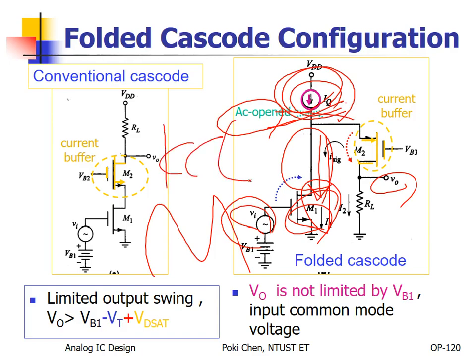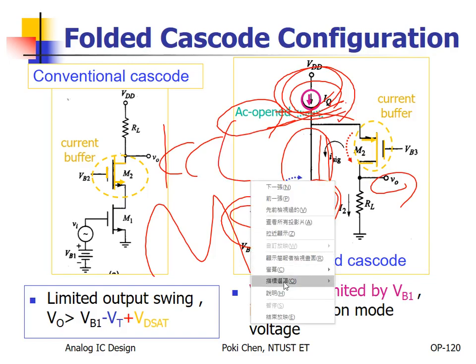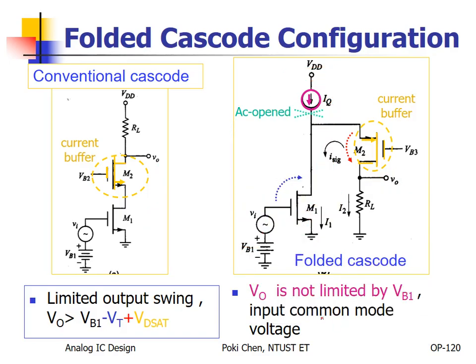According to KCL, it is AC open. It means zero AC current. So only one possibility: 100% of the AC current, the output current I mean, needs to flow this way. And you have no other choice but to flow through M2.